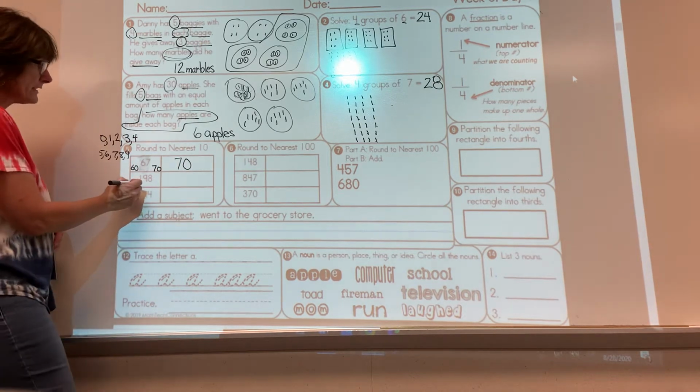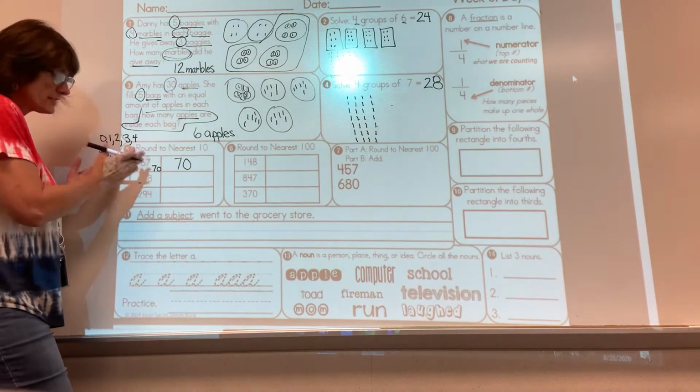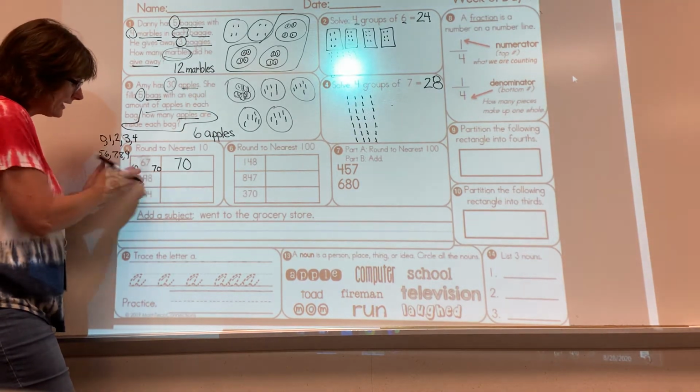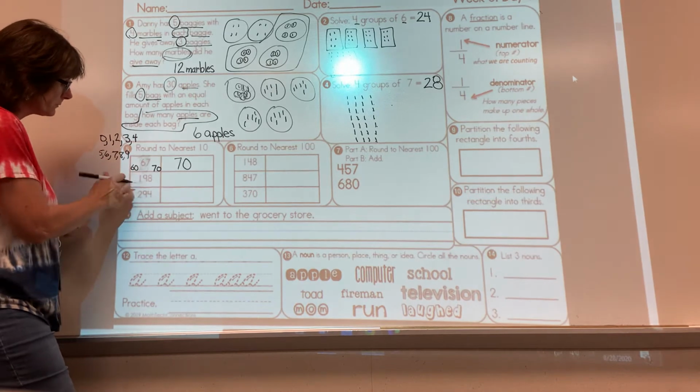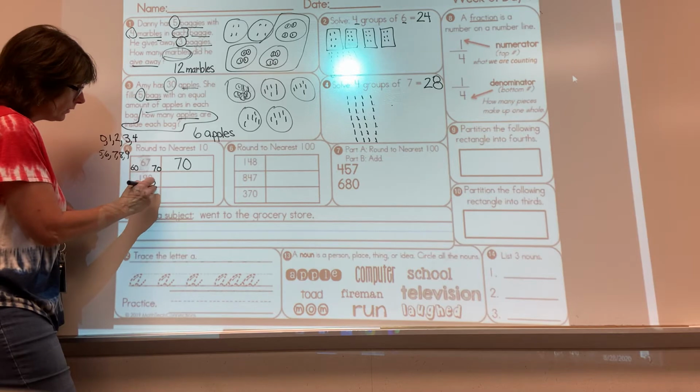Now, when we have 3 digits, we don't pay any attention to that. We still look and see what 2 tens it is in between. So it's between 190 and 200.